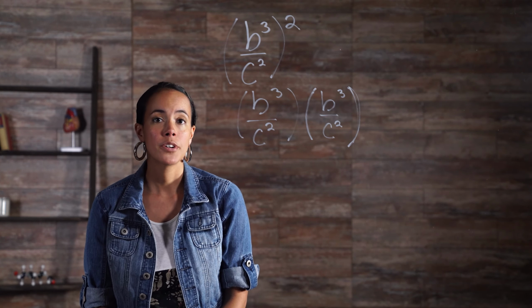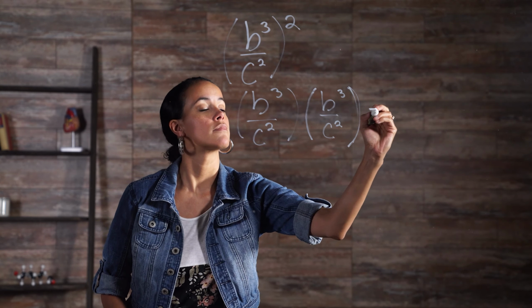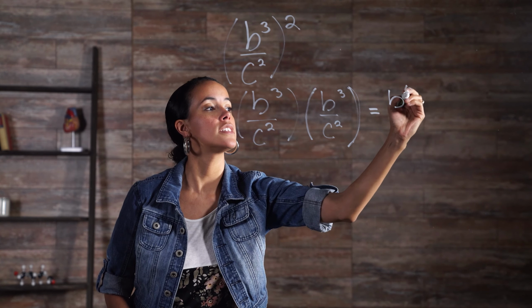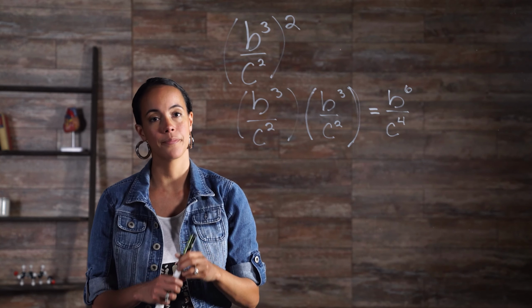The product of powers property results in the simplified expression b to the sixth over c to the fourth.